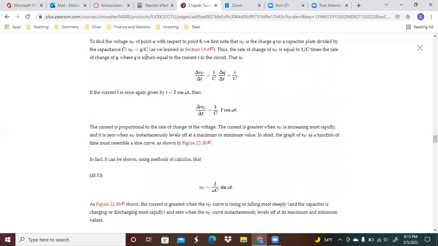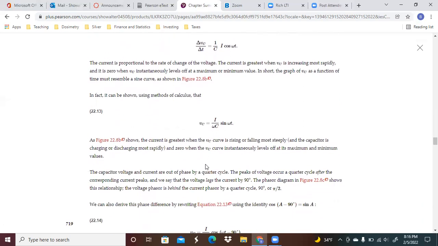Again, remember that the voltage in a capacitor is the same as Q divided by C, which is where this is coming from. So if we're looking at how this changes with time, the capacitance doesn't change, but the charge can. And so that's where a lot of these terms are coming from.